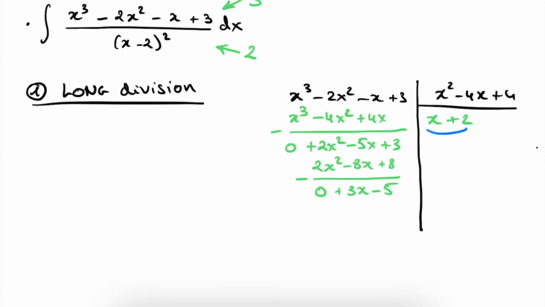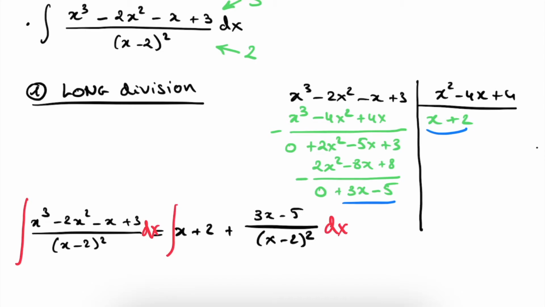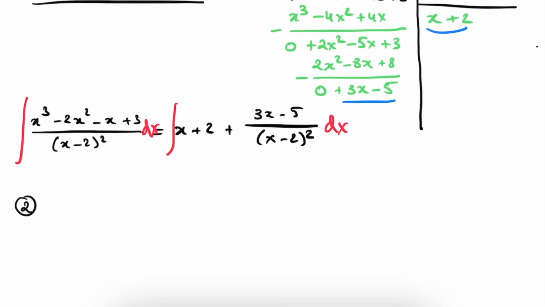And this will be the result of our long division, and this will be the remainder term, which means that we have now rewritten our initial fraction as the following: x plus 2 plus 3x minus 5 divided by our original denominator. And of course, this means that our integral is now rewritten as this integral, of which we of course know the integral of these first two terms. So in the second step, we first rewrite what we now have.